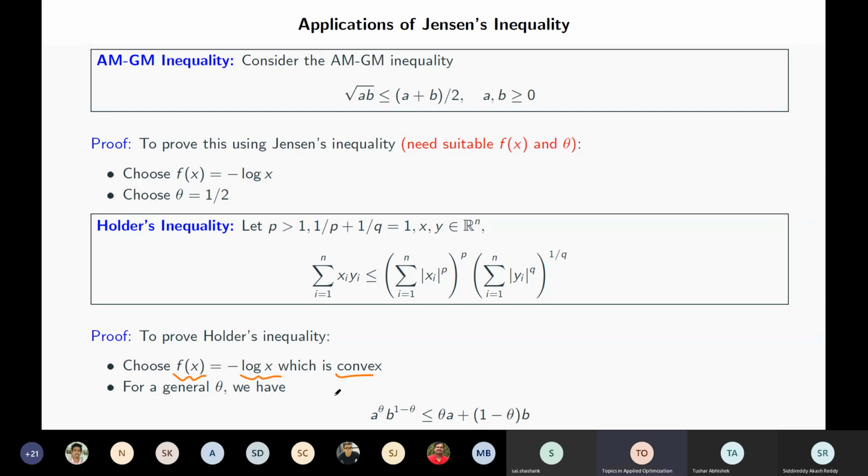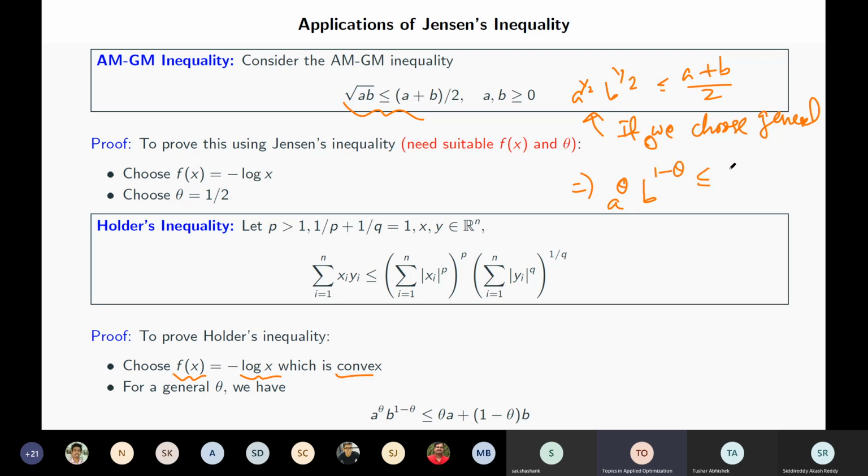By convexity of minus log x and Jensen's inequality applied with a general theta, like here we did it for a half, if we choose a general theta, then this would have looked like a to the theta times b to the 1 minus theta is less than or equal to theta a plus 1 minus theta b.